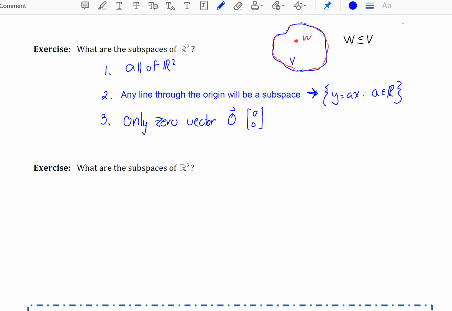Now, this is kind of trivially true, because if you were to take 0, 0 and add it to 0, 0, that's still 0, 0. You satisfied the closure of addition. If you multiply 0, 0 by any scalar, it's still 0, 0. It's kind of trivially true, but it is technically a subspace because it is contained inside V and satisfies the closure properties.